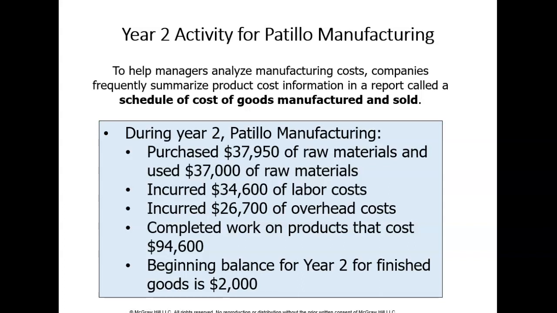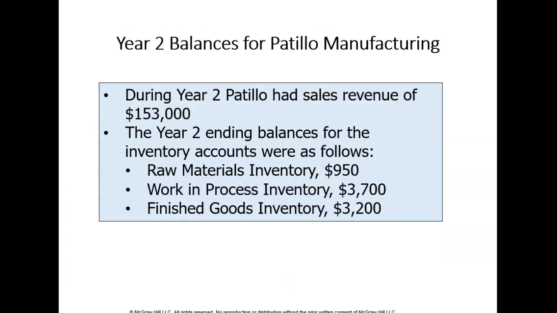So again, if you need to take a picture of these different line items so we can prepare our schedule of cost of goods manufactured. Also during year two, we had sales revenue of $153,000.